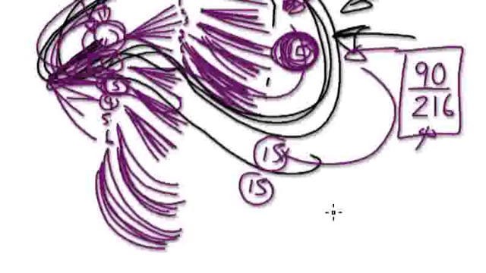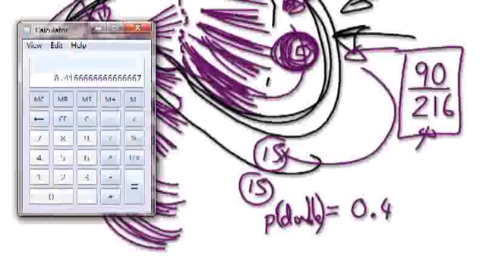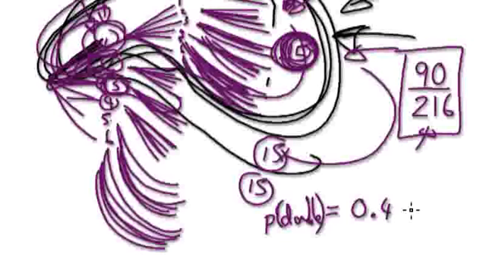So the probability of a double equals 0.42. So it's actually quite easy to get a double.